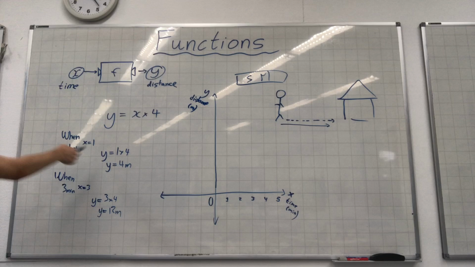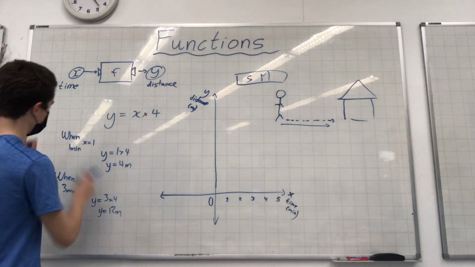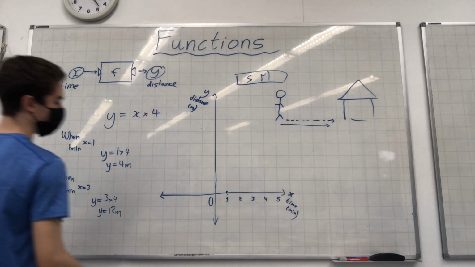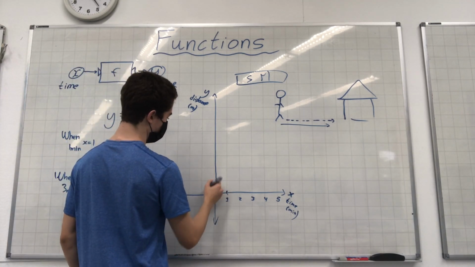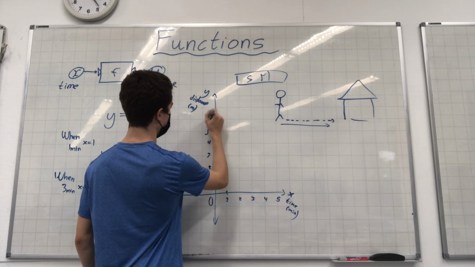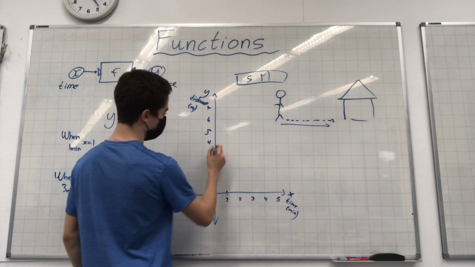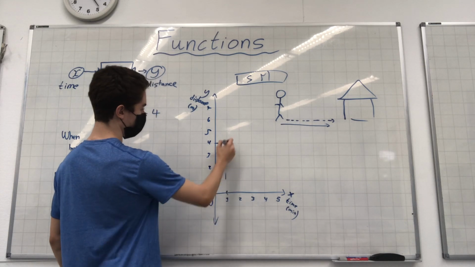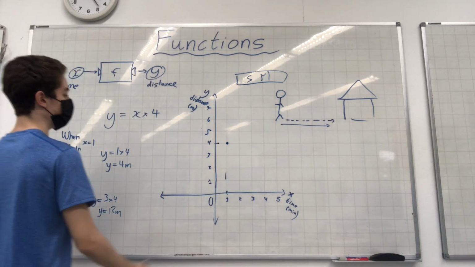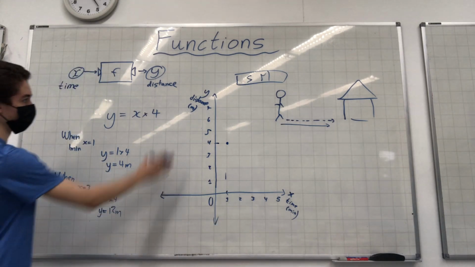So, what we've shown here is that when we walk for 1 minute, being here, we walk 4 meters. So if this is 1, 2, 3, 4, 5, 6, 7, we will walk 4 meters. So one of our points is right here. Now, let's say, oh, this is not going to fit.